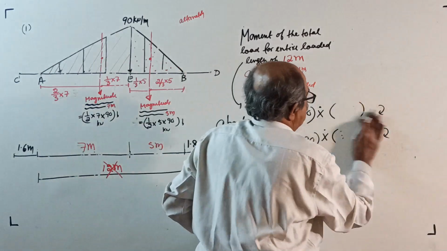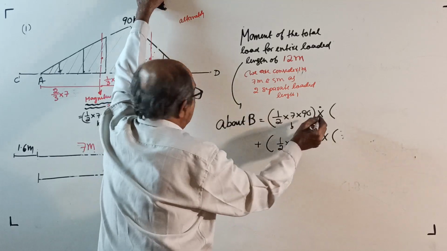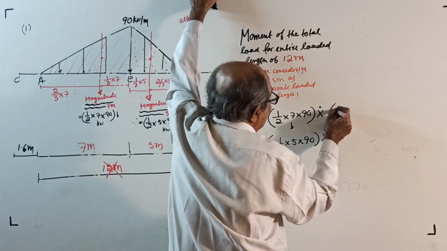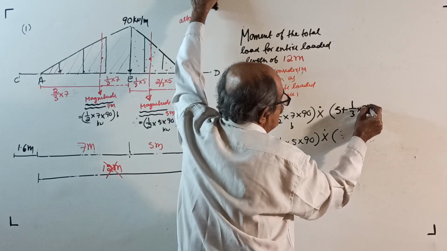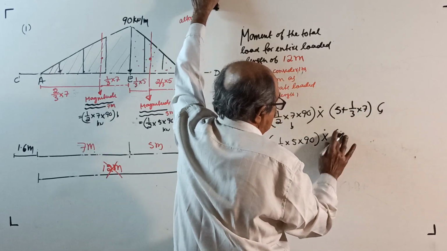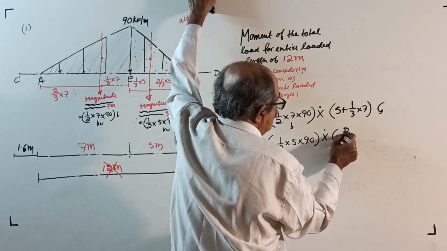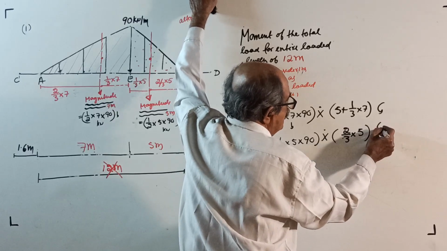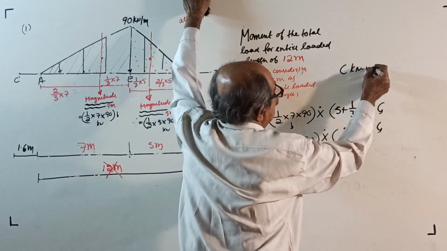Okay, now moment about B. One minute, first write here. Oh, I forgot, all moments are in kilonewton meter. Why write every time?